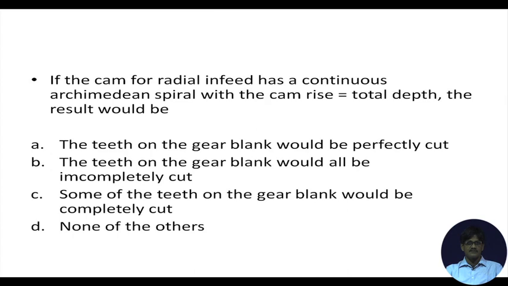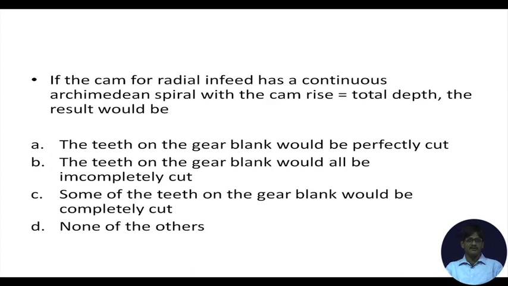So, teeth in the gear blank would not be perfectly cut. Second option, the teeth on the gear blank would all be incompletely cut. This seems to be correct. Yes, would all be incompletely cut. Maybe only the last one, but that also for an instant only will have the correct depth.